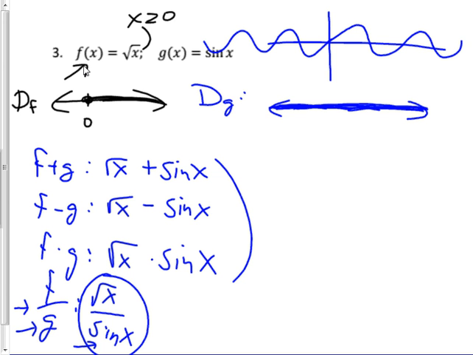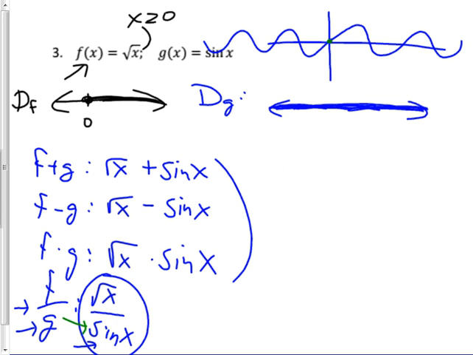Can x be allowed to be 0? Okay, in case you don't know what sine of 0 is, if you look at my graph right here, you'll see sine of 0 is 0. So is it okay for a 0 to be on the bottom? No. So since we can't have 0 on the bottom, we can't let x be 0 because sine of 0 is 0, and that would be a problem.